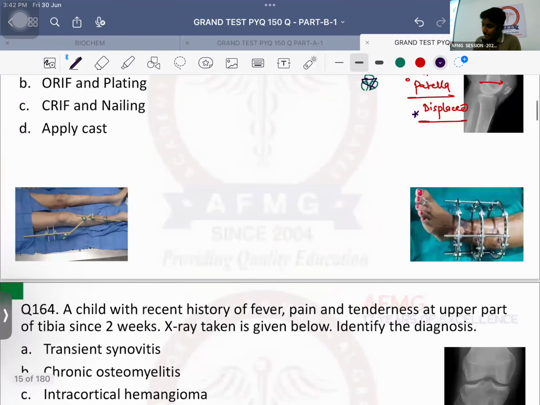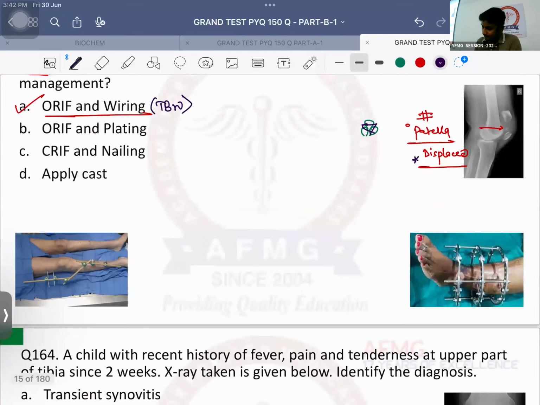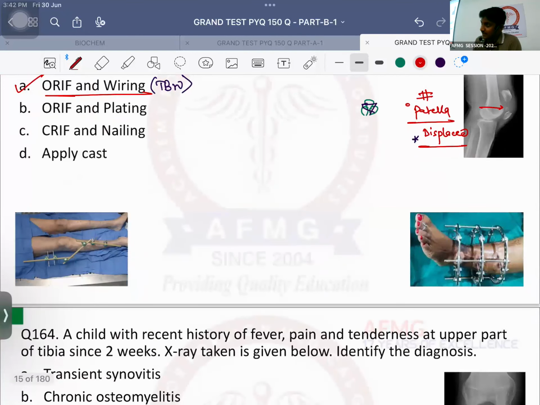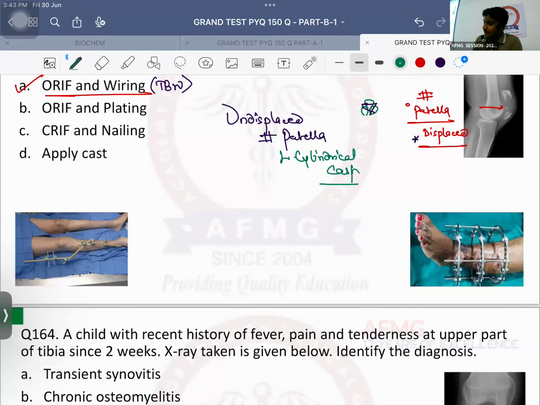So that is important. If there is an undisplaced fracture of patella, what can be done? It is undisplaced. You operate in the displaced one, but would you open the patient in the undisplaced one too? Right, cast. You will apply a cylindrical cast. The patella is just fractured and still in place, so why do unnecessary surgery? Just apply a cast, just go for immobilization. It will heal on its own.